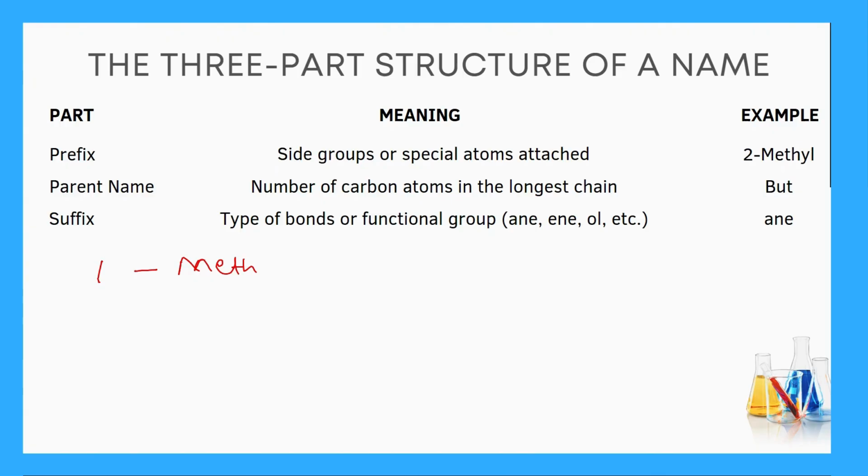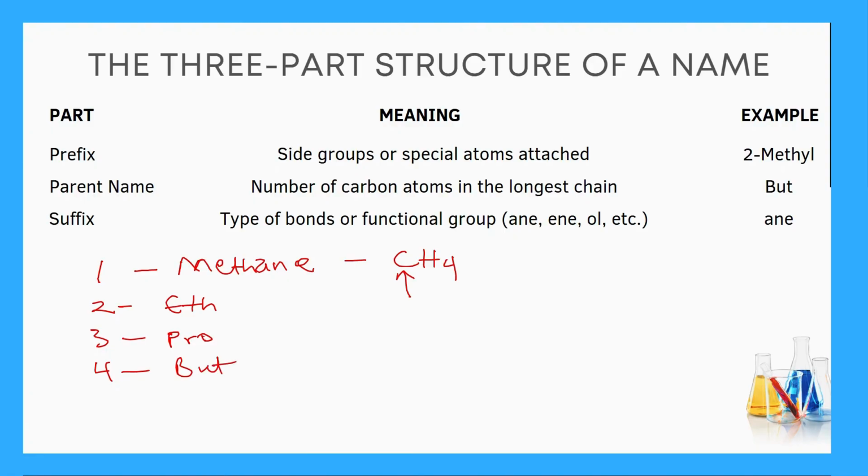That is why methane has the formula CH4, because it is just 1 carbon atom. When you have 2 carbon atoms, you use the parent name ETH. 3 carbon atoms, PROP. When you have 4 carbon atoms, you use the name BUT.